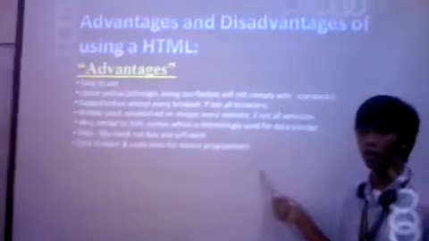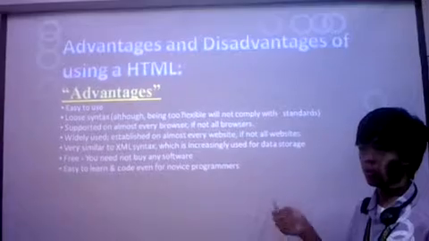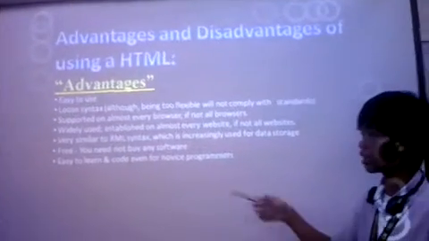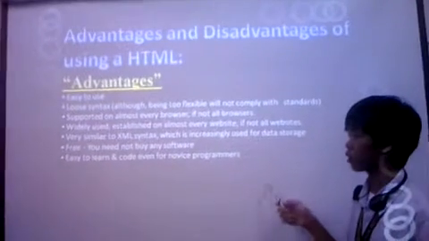Making HTML is free, since you don't need to buy or download other software. You can use Notepad just to write your design language.